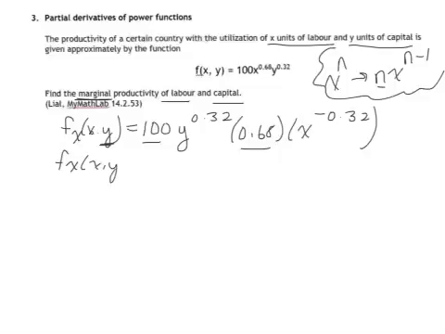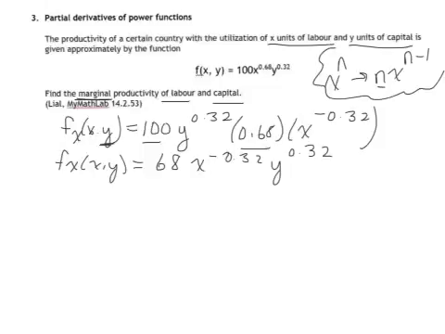Let's see what we end up with. 68 x to the negative 0.32, y to the positive 0.32. So that is your marginal productivity of labor.